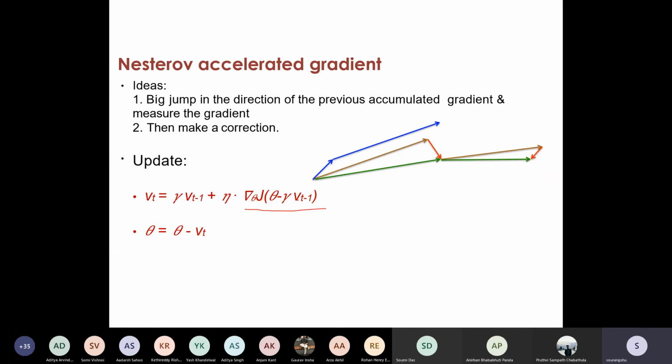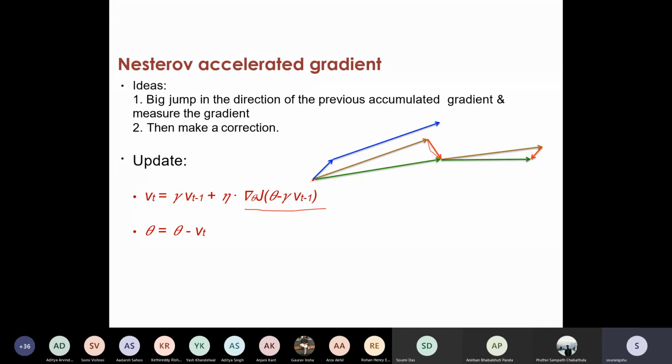This is the Nesterov version of momentum, sometimes called Nesterov momentum, sometimes called Nesterov update. So instead of calculating the gradient at the current point and then doing the updates, you first move a little bit in the previous direction, calculate the gradient there, and then come back and do the update.